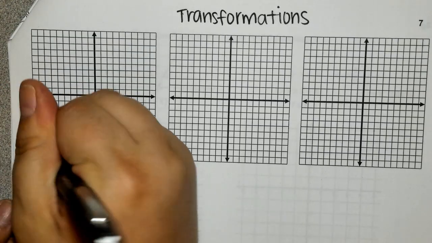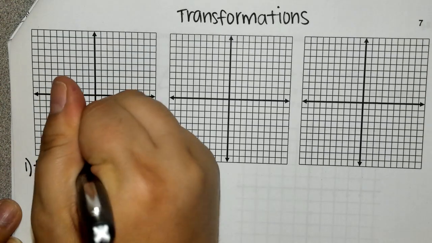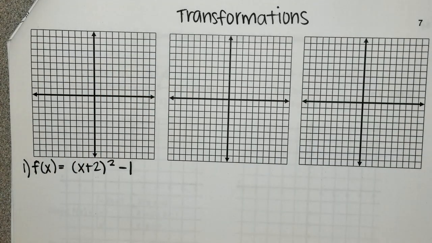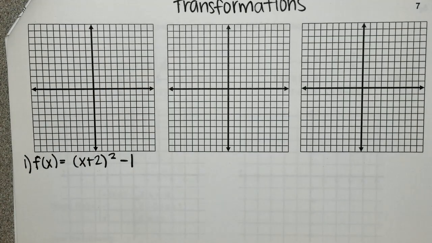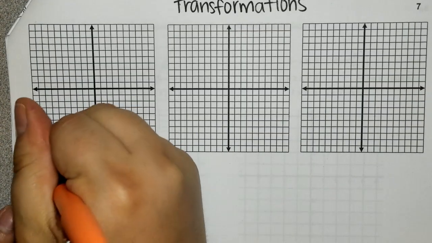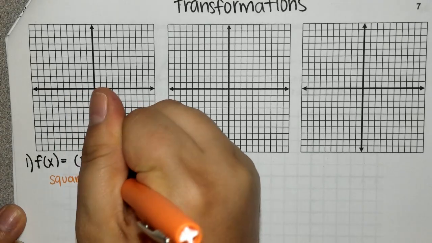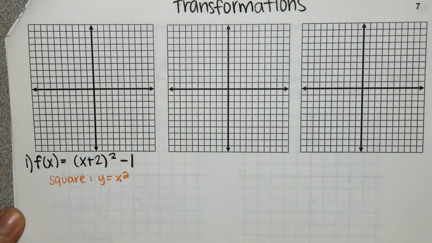So number 1 is f of x equals (x plus 2) squared minus 1. What is the parent function of this? The square function, which is y equals x squared.